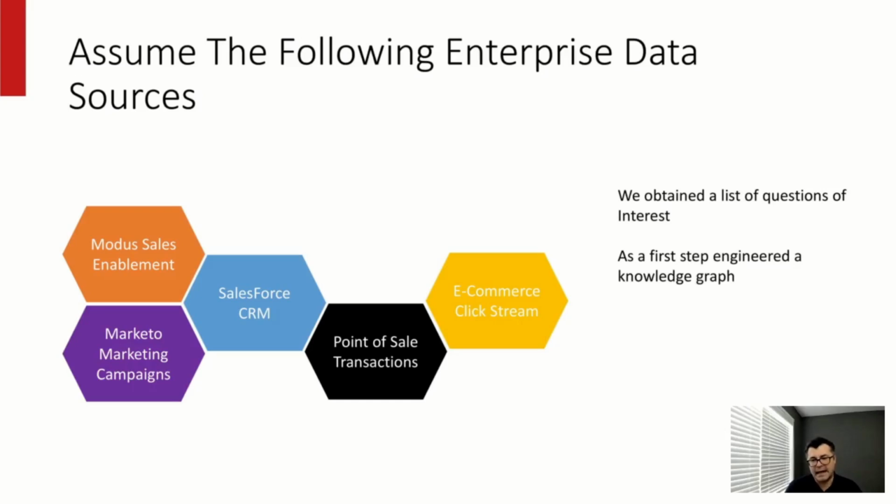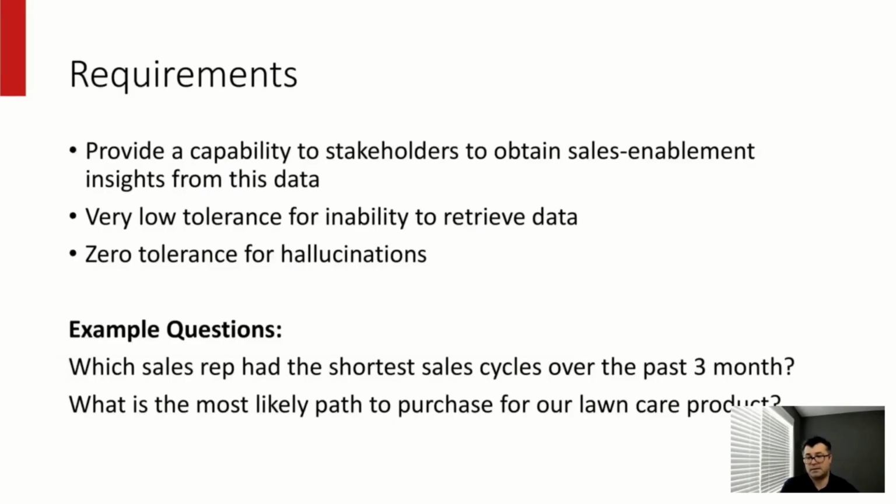We started out by getting a list of questions that were interesting to the stakeholders, and our first step was to engineer a knowledge graph that would capture this data, with those questions in mind. The requirement was that they wanted to provide the stakeholders a capability to obtain sales enablement insights from this data.